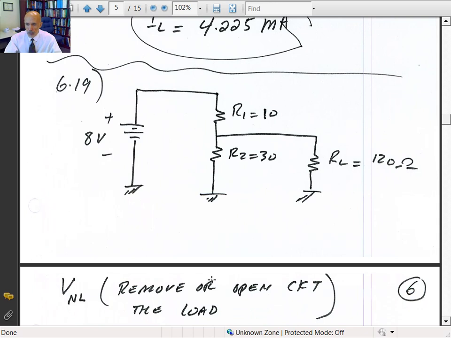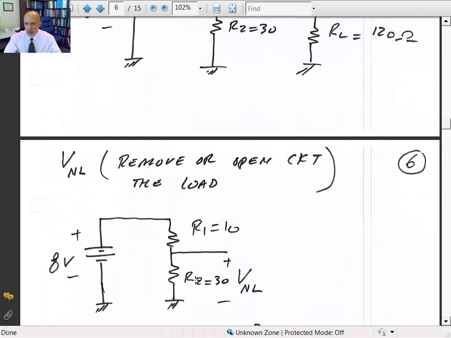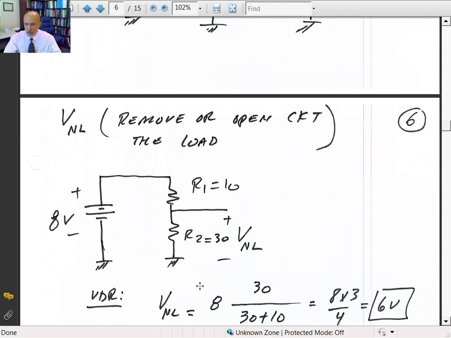The no load voltage, that means remove or open circuit the load. So if I remove the load, then you got 8 volts in parallel across the series combination of R1 and R2, so you can simply do a voltage divider rule. So V no load would be equal to 8 volts times R2 divided by R1 plus R2, simple voltage divider.